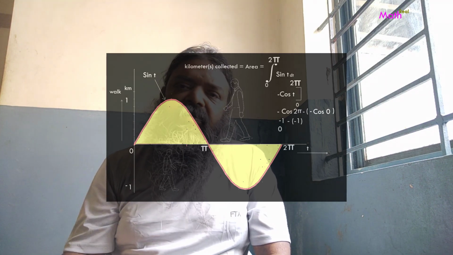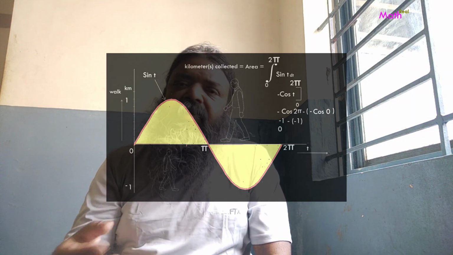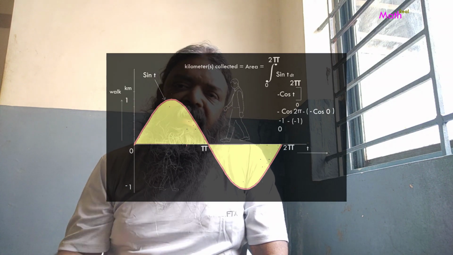So start from the rest. At one moment, the collection is maximum, and then he comes to rest. How much kilometer means how many kilometers he collected. So that is the area, and area is the positive and negative are same. Means he came back to the same point. Okay. So this is integration.